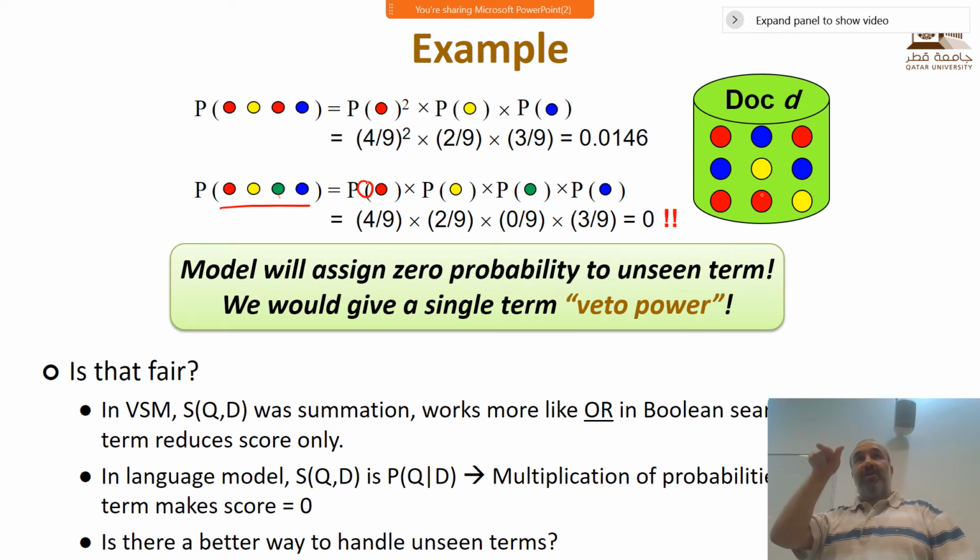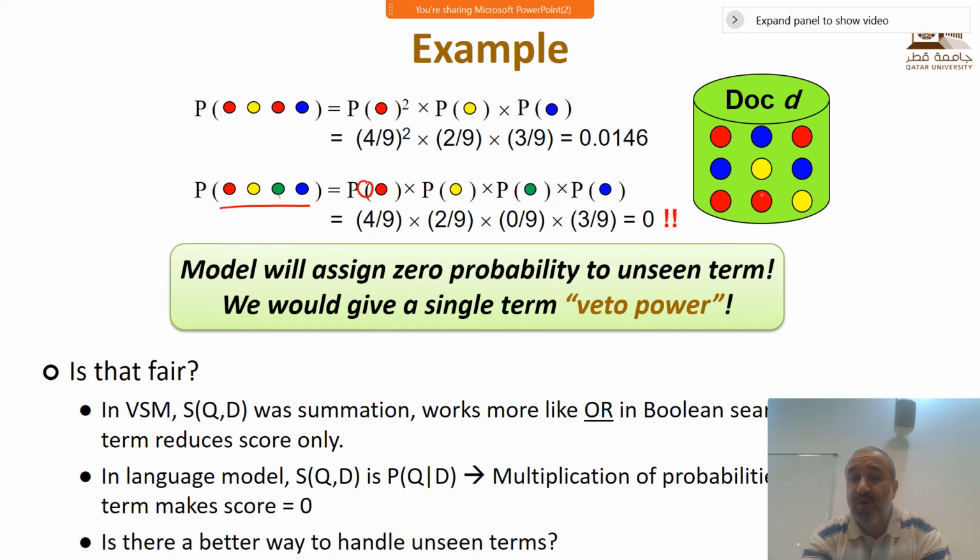Because it's a summation, right? Others might have a non-zero score. The problem is that we have multiplication, so one 0 will destroy the entire thing. But in the vector space model, we don't have this problem because it's a summation. But here it is multiplication, so we have this problem.